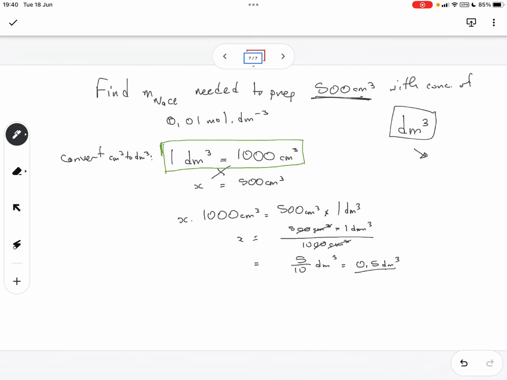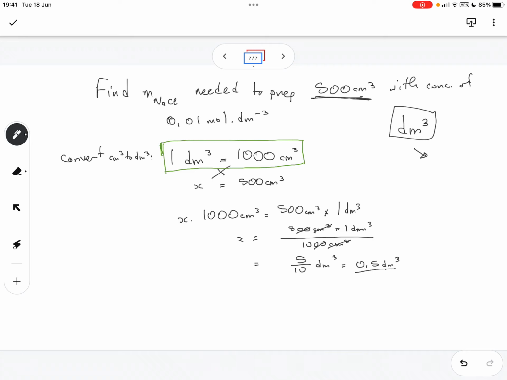Some car engines are specified in cc. I want to draw the association to dm cubed.